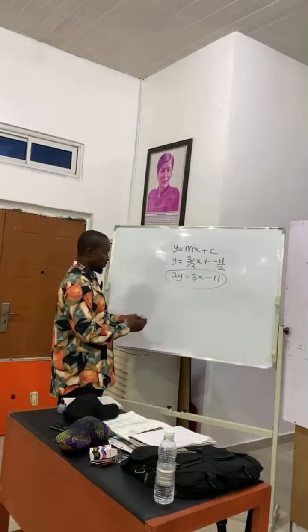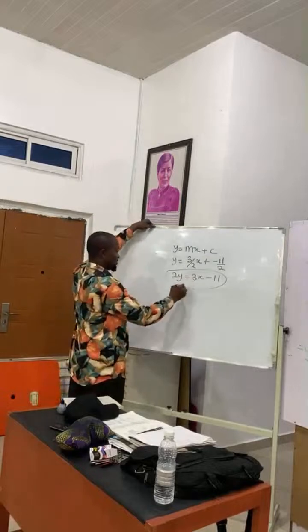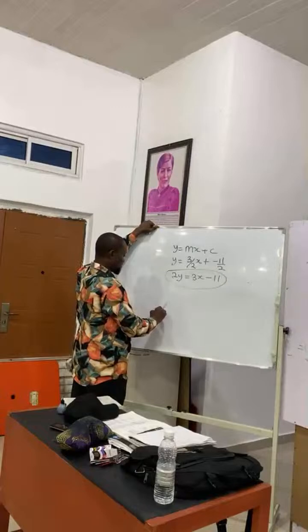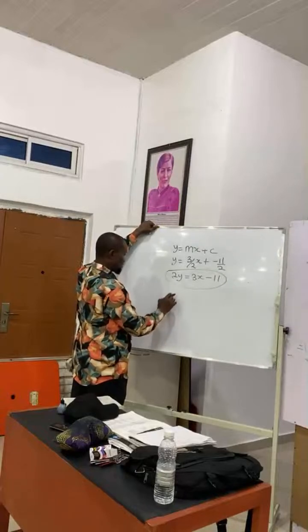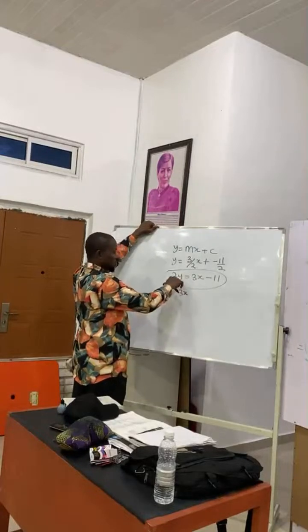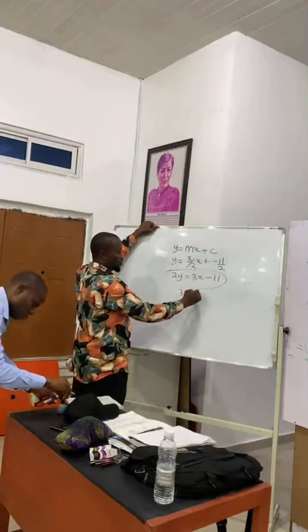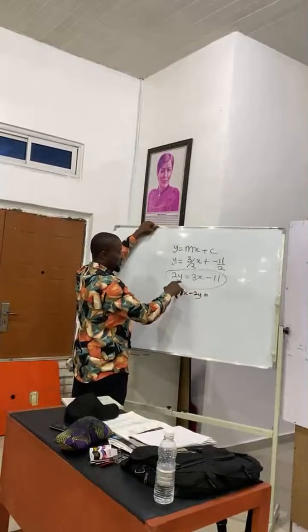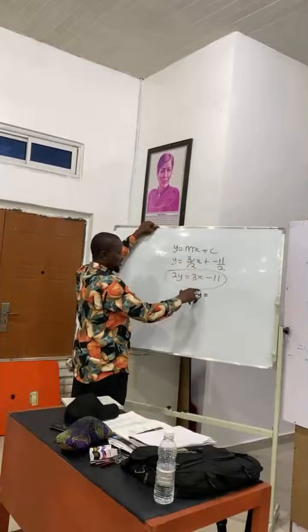They write x before y, meaning that from here you have 3x. This one crosses and becomes minus 2y equals 3x cross and minus 2y.